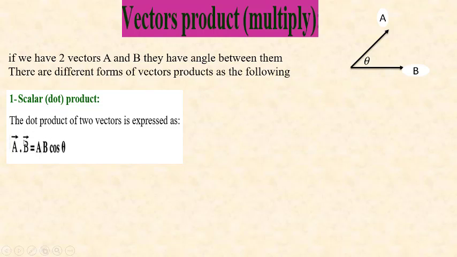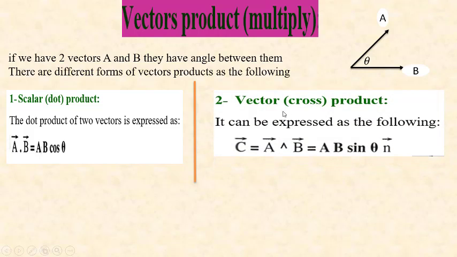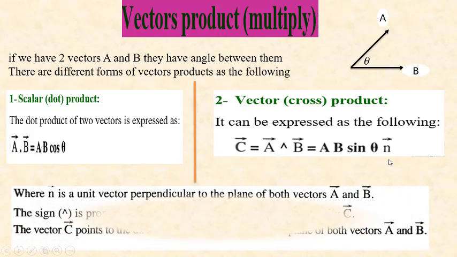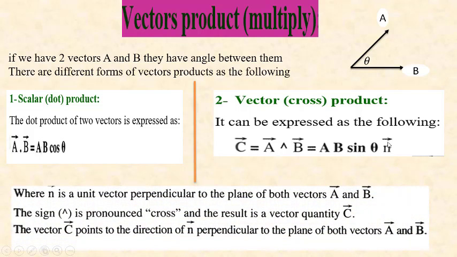The dot product of two vectors, A dot B, pronounced "dot", equals AB cosine theta, while the vector or cross product can be expressed as follows: C equals A cross B, pronounced "cross", equals AB sine theta N. N is the unit vector perpendicular to both vectors A and B. C is perpendicular to both A and B. The sign is pronounced "cross", as we said. Vector C points in the direction of N, perpendicular to vectors A and B.